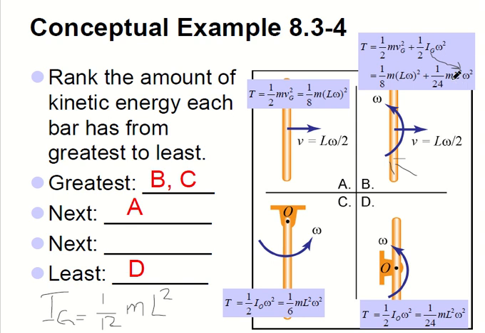So you get 1/12 m L squared. That's what I put in there because it is a rod. Every time we deal with a rod for mass moment, we use this, and we put the mass of the rod and the length of the rod, which is L.